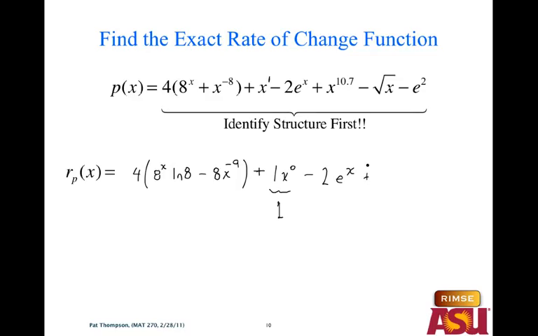Go ahead. 10.7 x to the power of 9.7. And then minus what? 0, right? Constant. We talked about that. e squared is constant, so we're done. There it is.